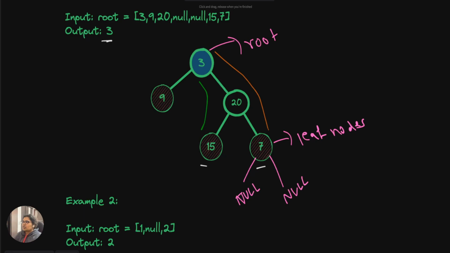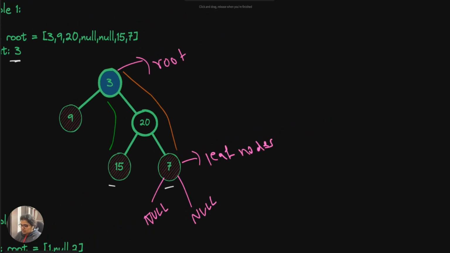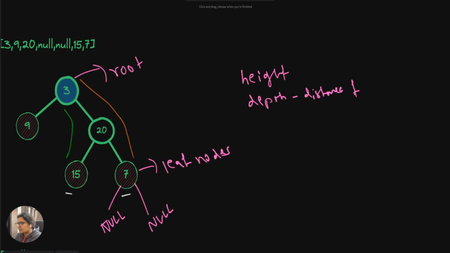Okay, so there are two concepts to the trees in terms of height. So one is called the height. Okay, the other one is called the depth. Depth is the distance from the root, distance from the root to this node.